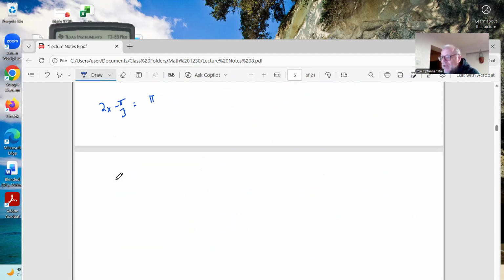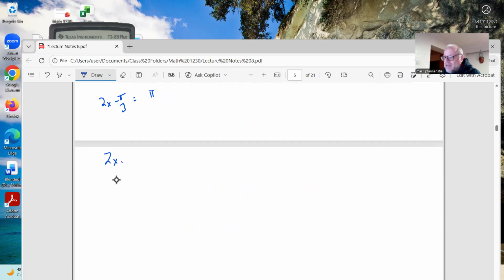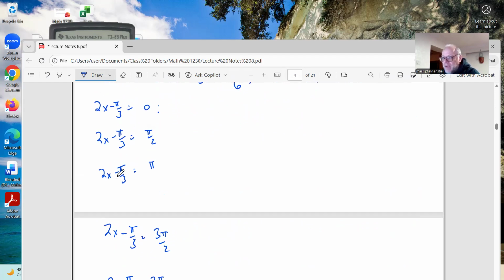Solve for x. 2x minus pi over 3 is equal to 3 pi over 2, that's my third anchor point. And then my final anchor point is 2x minus pi over 3 equals 2 pi. That's 1, 2, 3, 4, 5 linear equations. We can handle that. They're not fun, but these are not hard problems.